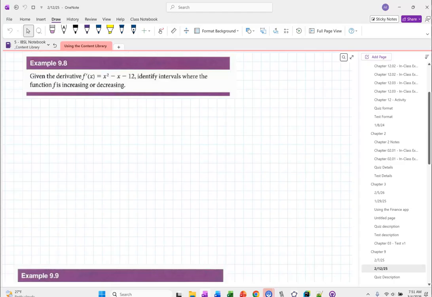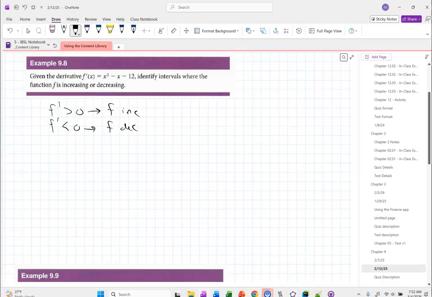I know what its derivative looks like. What I'm going to do is use the derivative. I know that where the derivative is positive, f is increasing, and where the derivative is negative means f is decreasing. So I'm going to use the derivative as a proxy to find these intervals for f.